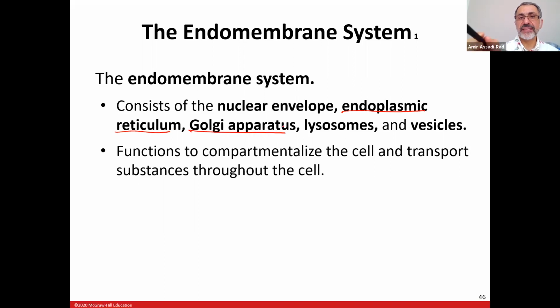Golgi apparatus packages cell material. Lysosome is the suicide bag of the cell. It's full of enzymes which can break down the product that is coming inside of the cell or leaving the cell. And vesicles are little packages that come inside of the cell. You saw it in the case of endocytosis. I'll show them to you.